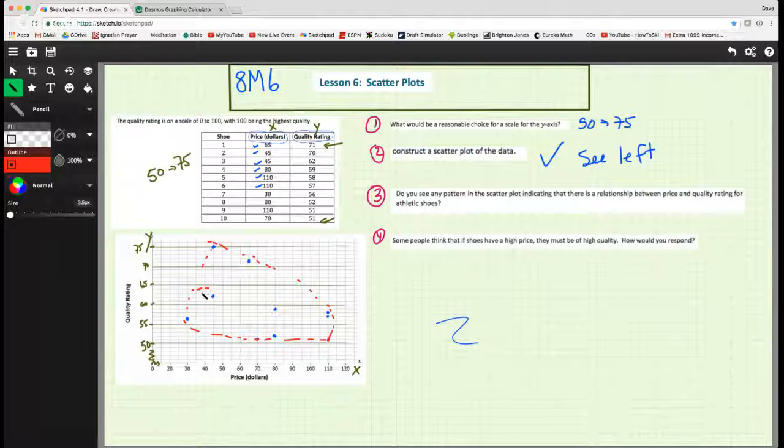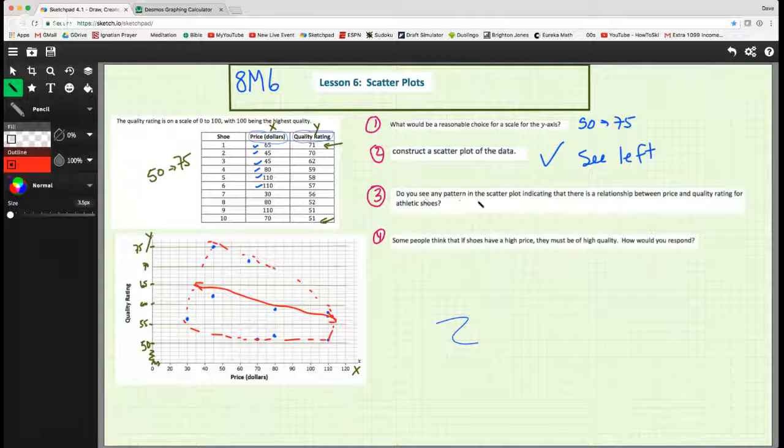A line that would go like this might be the closest line to all the points. So it certainly wouldn't be one that goes upwards. It's got to be one that goes downwards a little bit to fit all of these points pretty well.